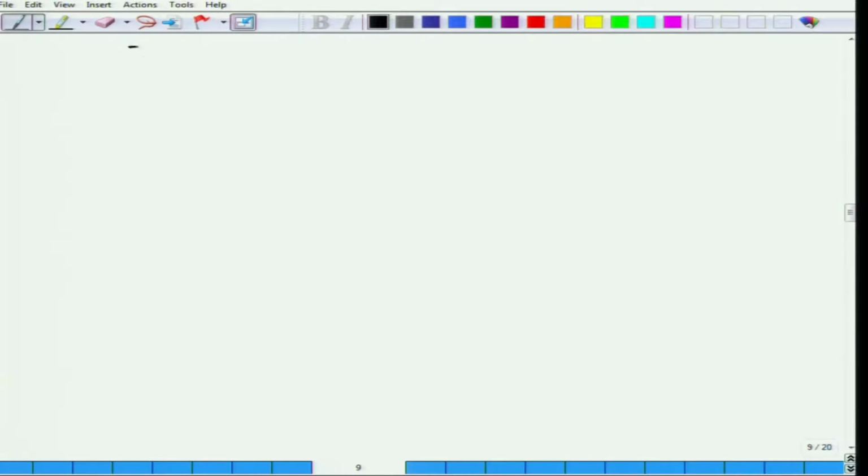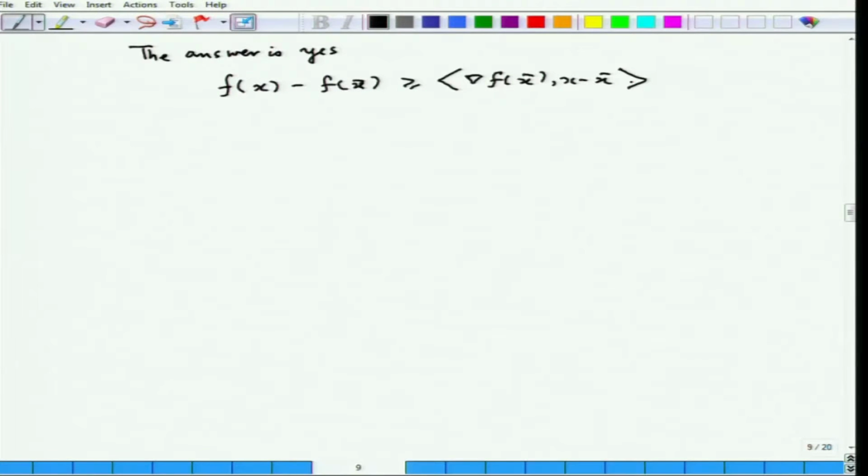The answer is yes, because you can immediately see that f of x minus f of x bar, by differentiability of the convex function, is greater than or equal to 0 for all x in C, which would immediately imply that f of x is at least f of x bar.